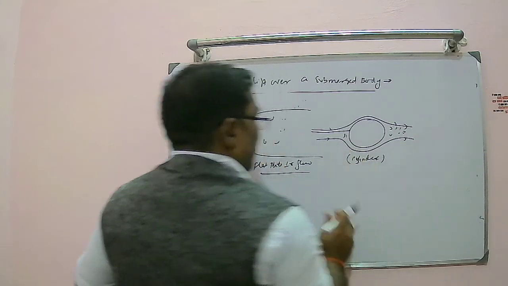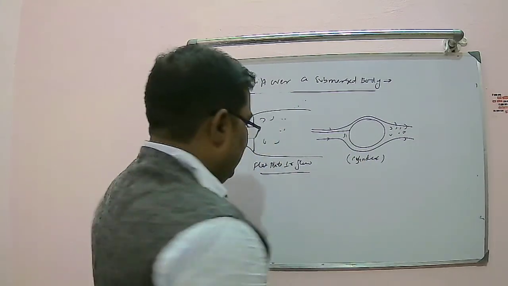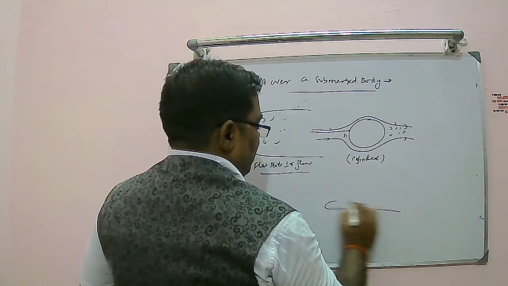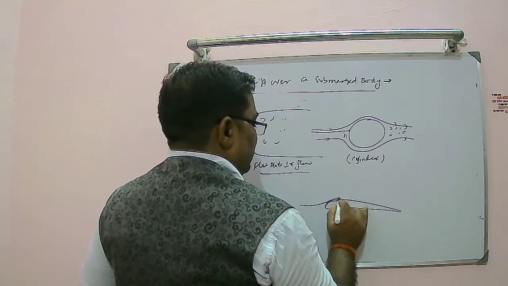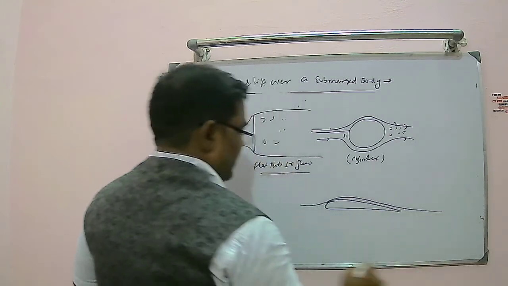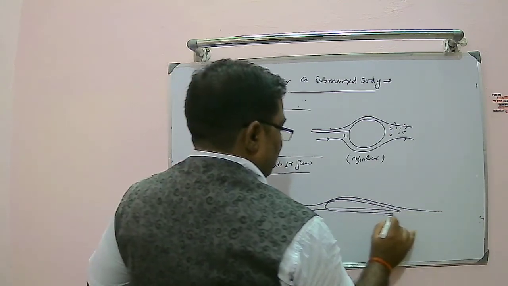And now you consider a more streamlined body. Say an airfoil is a more streamlined body. In this case, airflow will come, travel over a large length, and separate. Similarly, it is coming like that, it separates here.